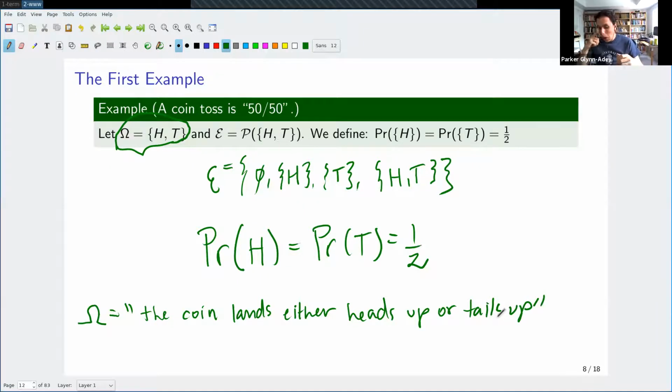And of course, no matter what we do, it's going to land one of those ways. We're ruling out the possibility that it lands perfectly on its edge, because that's too crazy.